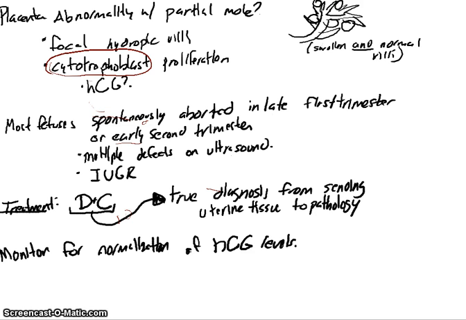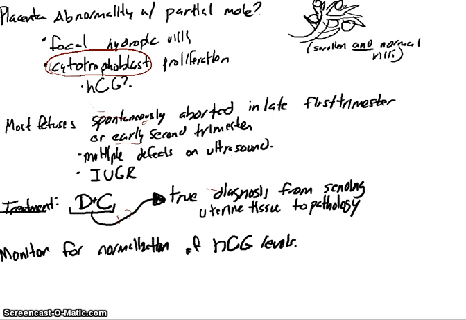Finally, similar to what we did with a complete mole, it's important that we monitor HCG levels. Typically, for a partial mole, HCG levels should reach normalization in about 8 weeks. This contrasts with normal pregnancy, where we see these levels go back to normal in about a month.